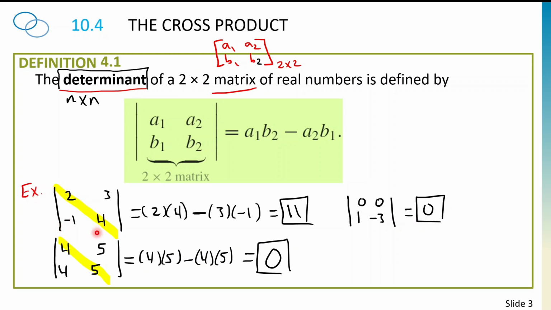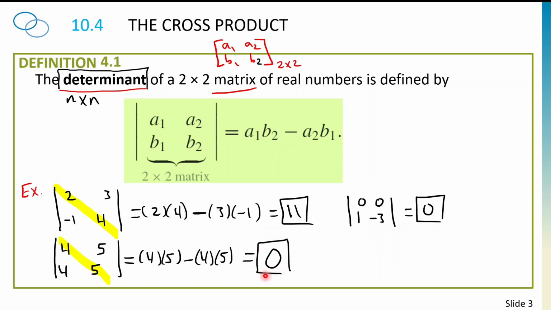Look at these examples of finding the determinant for 2 by 2 matrices. If I have 2, 3, negative 1, 4, the determinant would be 2 times 4 minus 3 times negative 1, which equals 11. If I find the determinant for another matrix which has a repeated row or column, like 4, 5, 4, 5, the determinant will be 0.